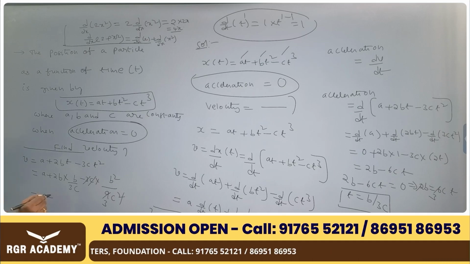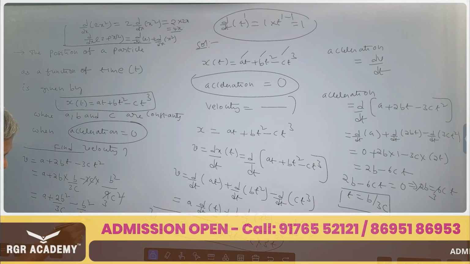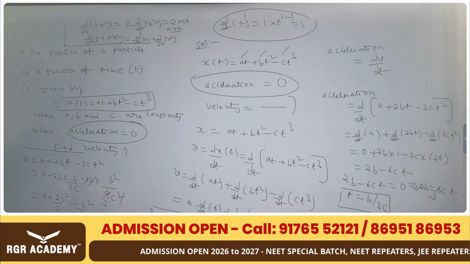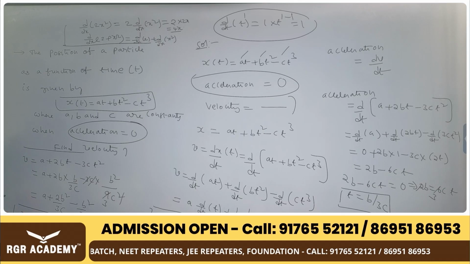That is equal to a plus 2b square by 3c minus b square by 3c. Here 3c is the LCM. 2b square minus b square is b square. Therefore you got a plus b square by 3c. That is the final answer.